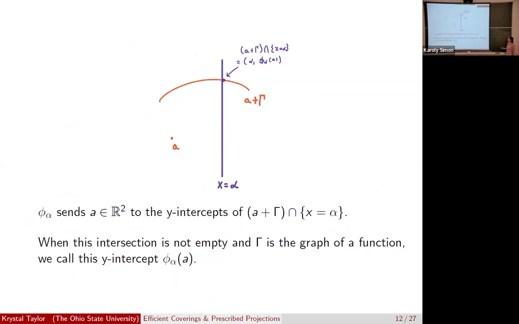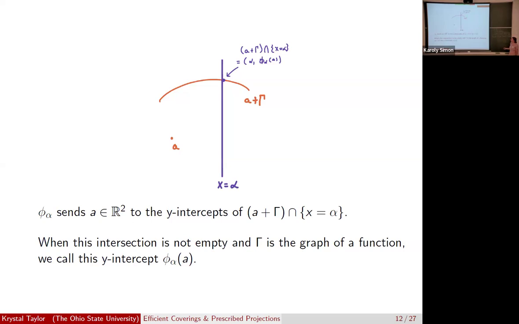Instead of, as before for orthogonal projections, having the angles as parameters, now our parameters are going to be inside of some interval along the real line. If A is compact, we let alpha move back and forth across the real line. Let's fix such an alpha, look at this vertical line, and slice this orange curve.